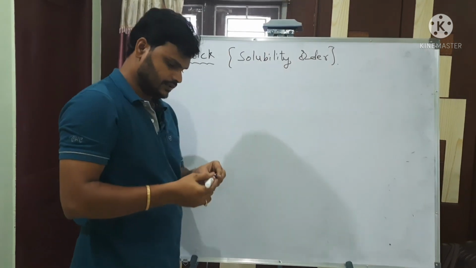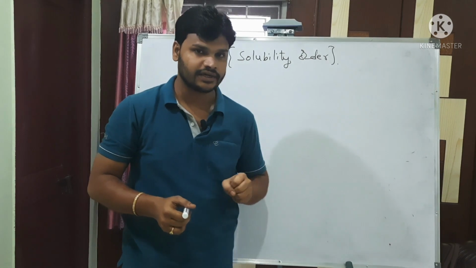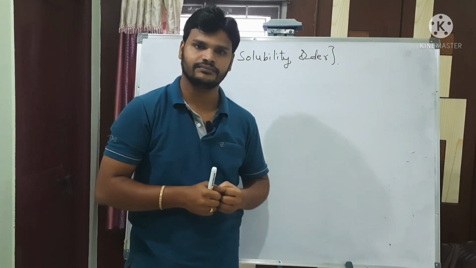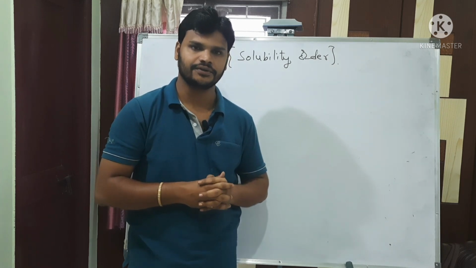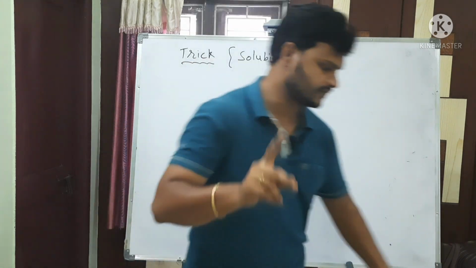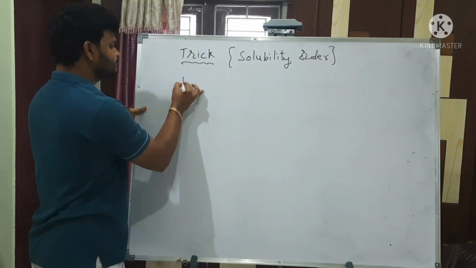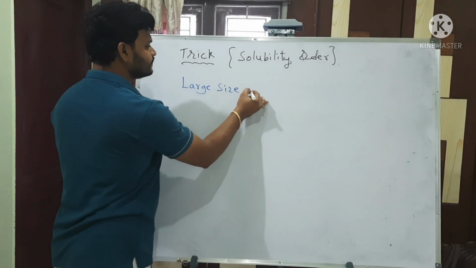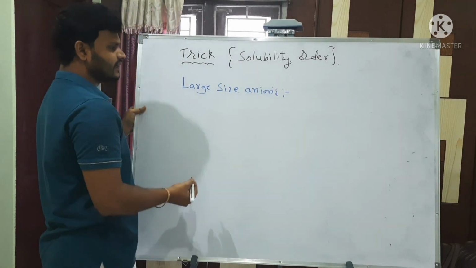First, if you want to understand solubility order, you need to understand small size anions and large size anions. That is very much important. Clear na? Just a minute. First, try to write down this one. Large size anions. What are the large size anions?